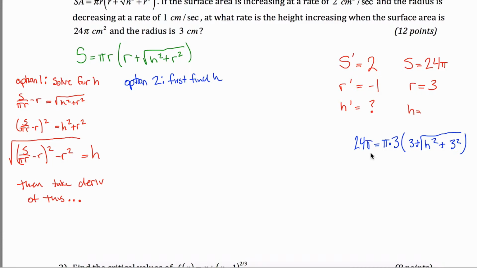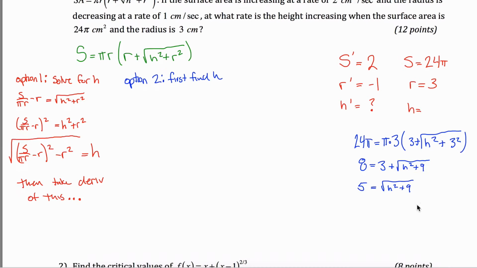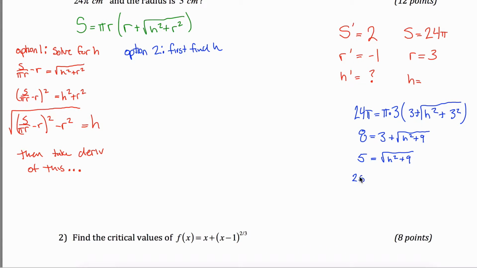Divide both sides by 3 pi, you get 8 is equal to 3 plus the square root of h squared plus 9, because that's what 3 squared is equal to. Subtract 3 from both sides of the equation, you get 5 is equal to the square root of h squared plus 9. Square both sides of the equation, you get 25 equals h squared plus 9.